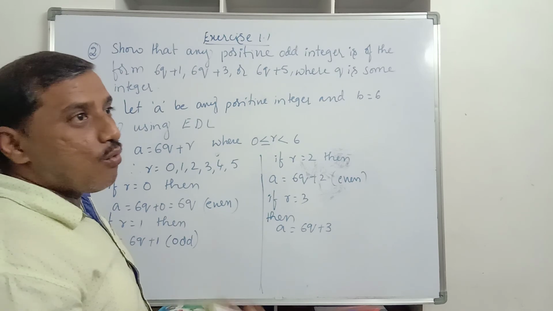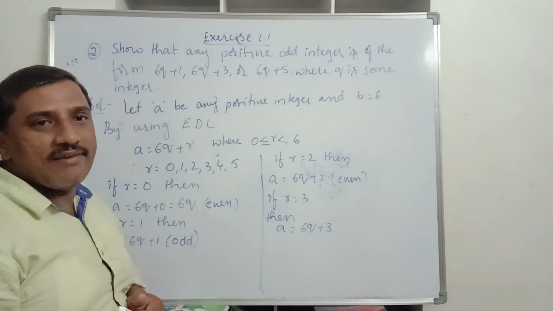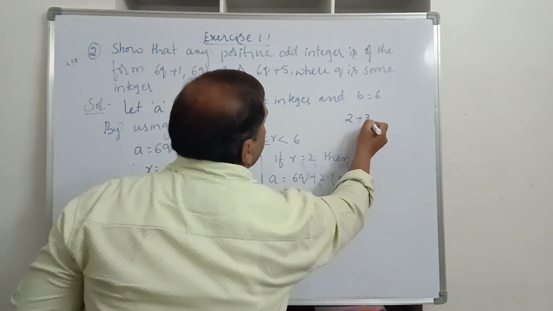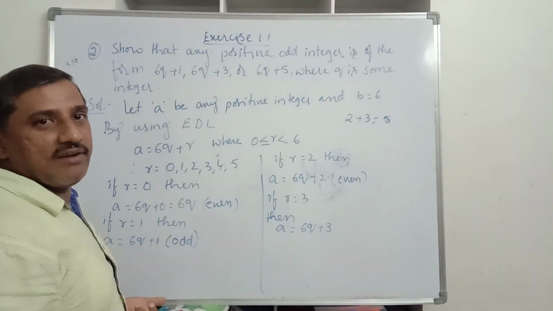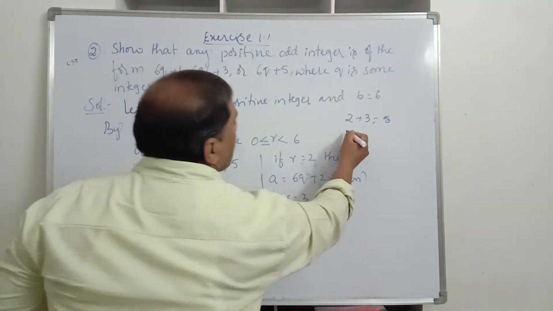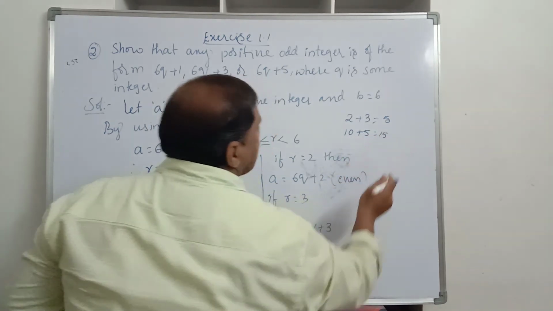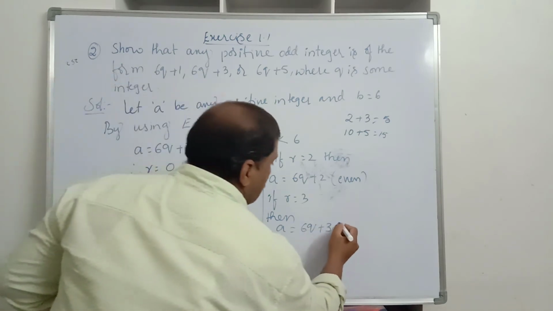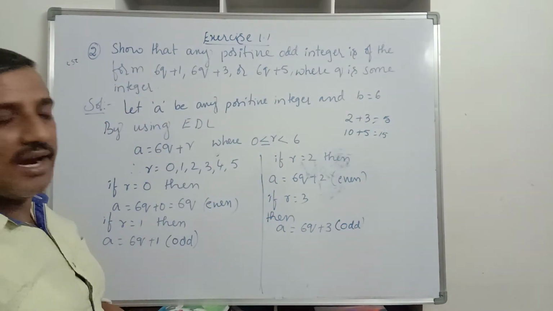That is, 2 is an even number, and we are adding to that even number 3, an odd number. 2 plus 3 is 5, which is an odd number. Or you take 10, an even number, and 5, an odd number, and we get 15. That is, the sum of an even number and an odd number will always give you an odd number. Therefore, this is also an odd number.